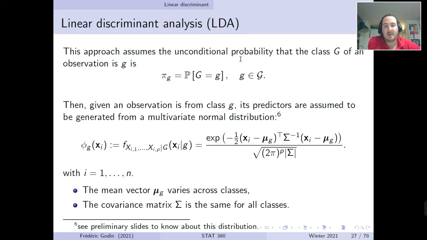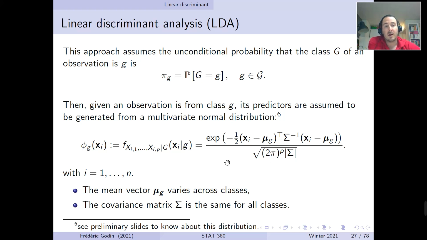The LDA approach presumes that the conditional distribution of the predictors given you're in a class g is multivariate normal with a mean vector mu g corresponding to the class g, and covariance matrix sigma.